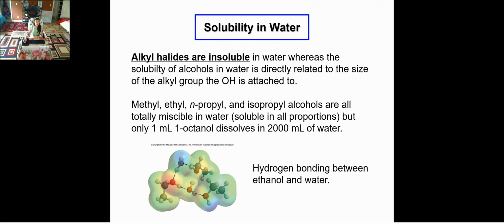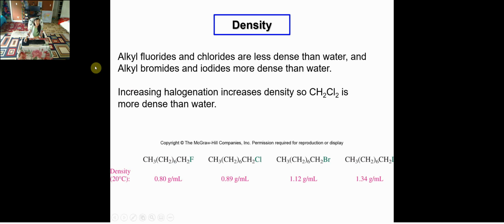Another reason you need to consider is the solubility rule called like dissolves like. The like dissolves like rule also tells you the reason. And the third property is density. The smaller alkyl halides, such as alkyl fluorides and alkyl chlorides, are usually less dense than water.